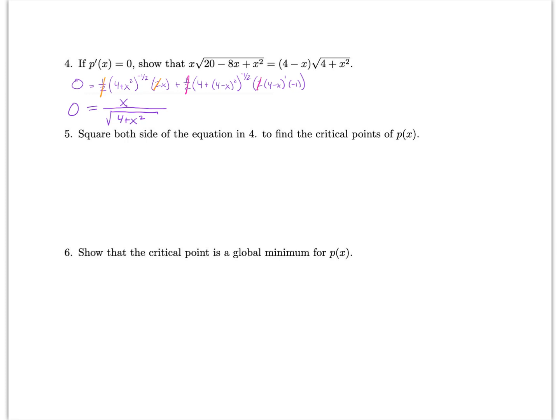So this is going to be plus, actually it's a minus because I have that times negative 1. I've got this negative 1 here. So I'm going to change this to a minus. I have 4 minus x in the numerator. And in the denominator, I have a square root of 4 plus 4 minus x squared.